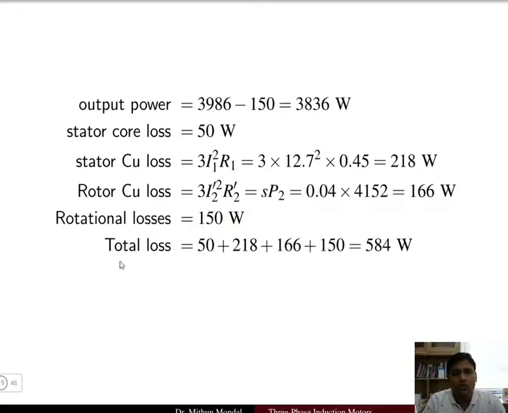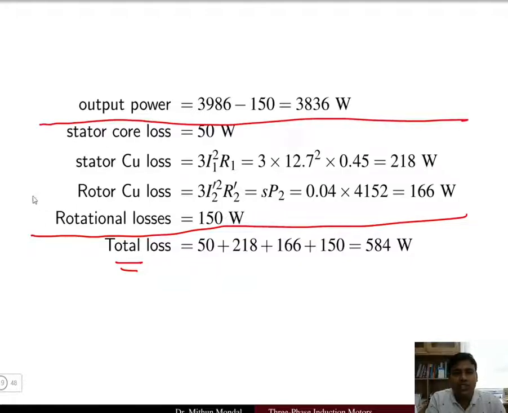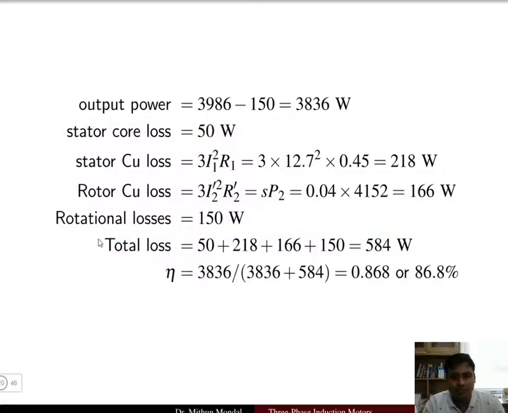So the total losses we have are the stator core loss plus the stator copper loss plus the rotor copper loss and the rotational losses. If we add all these losses, the summation gives 584 watt as the total loss in the induction motor.